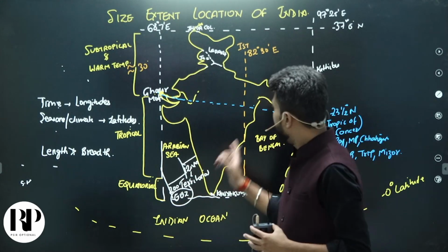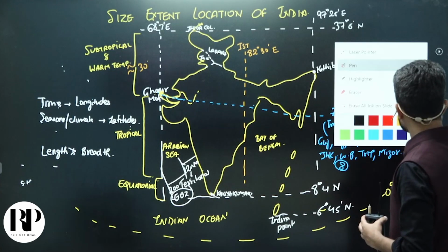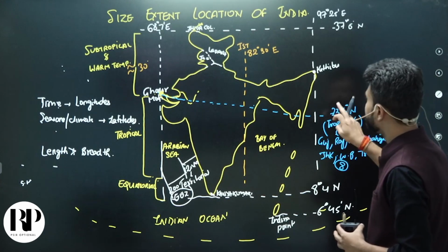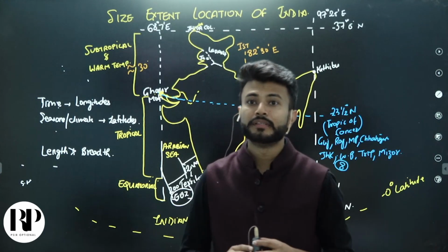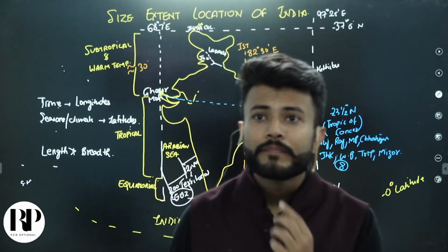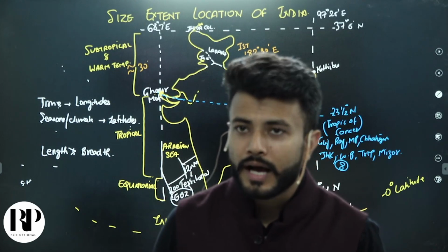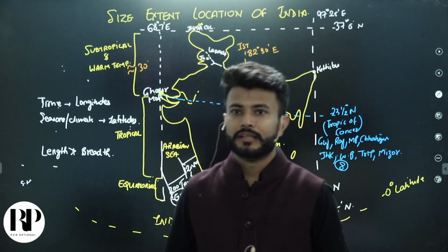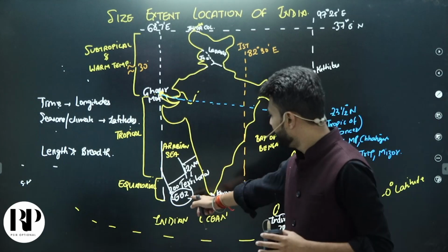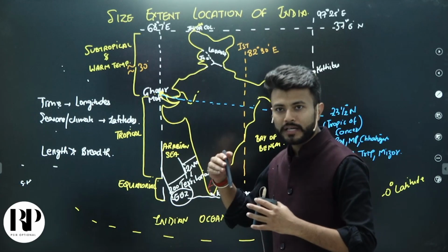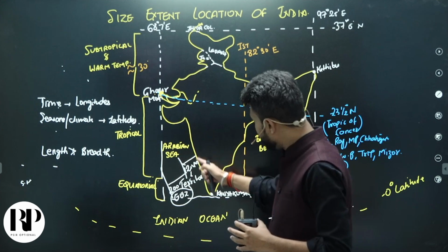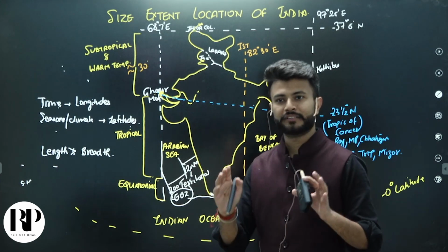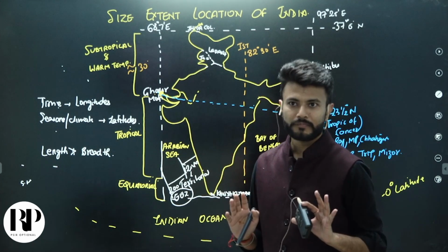ठीक है. In this, now the last part is what? The borders. Yes. Can you repeat the exclusive economic zone? Exclusive economic zone, EEZ, up to 200 nautical miles from India's coast, India has exclusive economic rights.